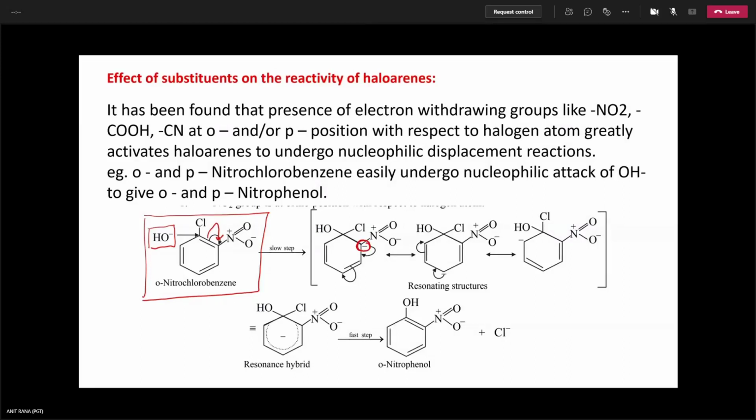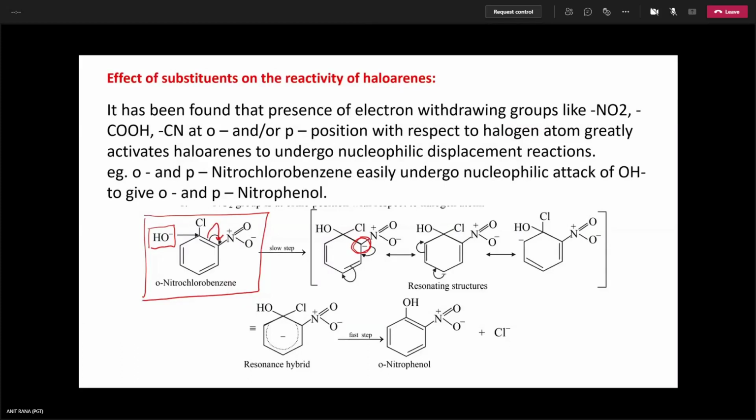And you can see how resonance is taking place. This resonance of the negatively charged electrons over the ring leads to increased stability. So when the nucleophile attacks ortho-nitrochlorobenzene, a carbanion is formed. This is a carbanion only, with the negative charge on the carbon.